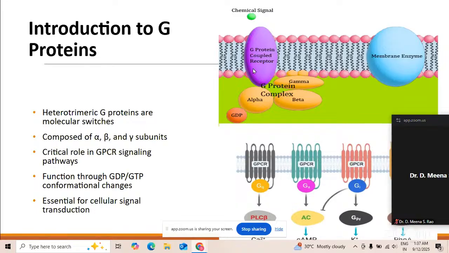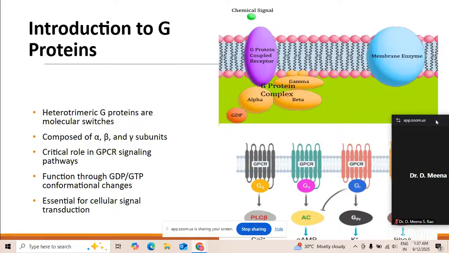So this is how they look in the cell. These are the G proteins in the G protein coupled receptor in the cell membrane. These are the three alpha, beta, and gamma G protein complex attached to it, to the alpha subunit of which GDP and GTP alternatively attach and thereby activate or inactivate the G protein. Upon activation, they migrate and contact the nearby membrane systems, enzyme systems, and give rise to secondary messengers.